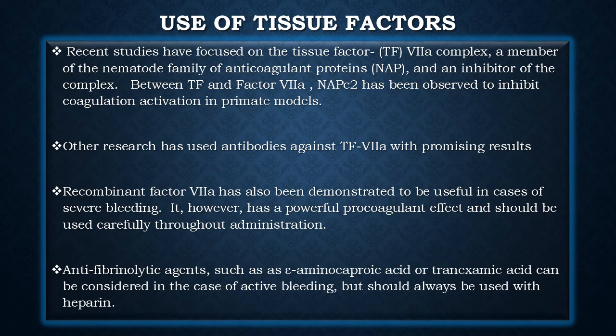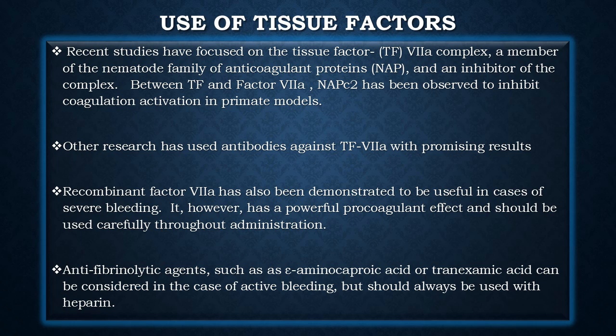The use of tissue factors. Recent studies have focused on the tissue factor 7A complex, a member of the nematode family of anticoagulant proteins, or NAPs, and an inhibitor of the complex between tissue factor and factor 7A, and NAPC2 has been observed to inhibit coagulation activation in the primate models.